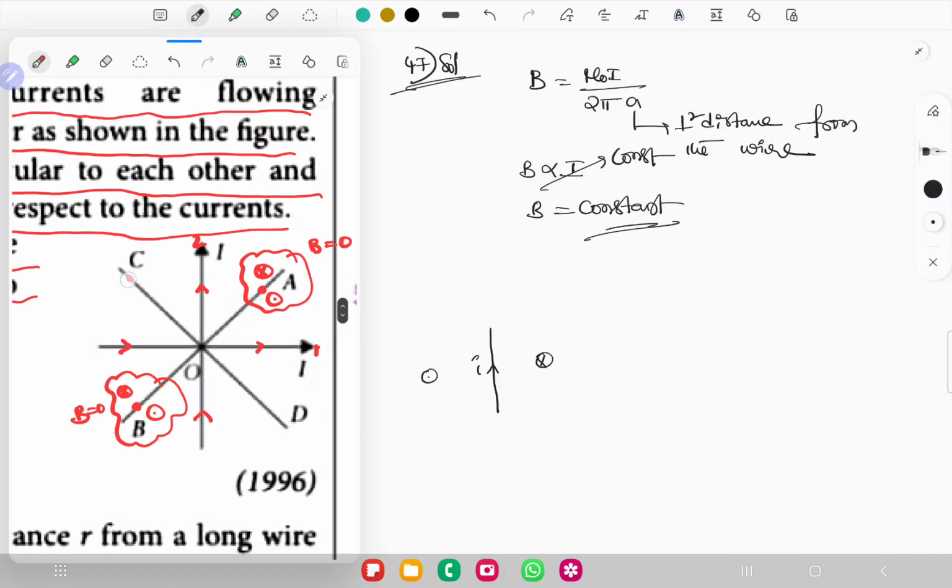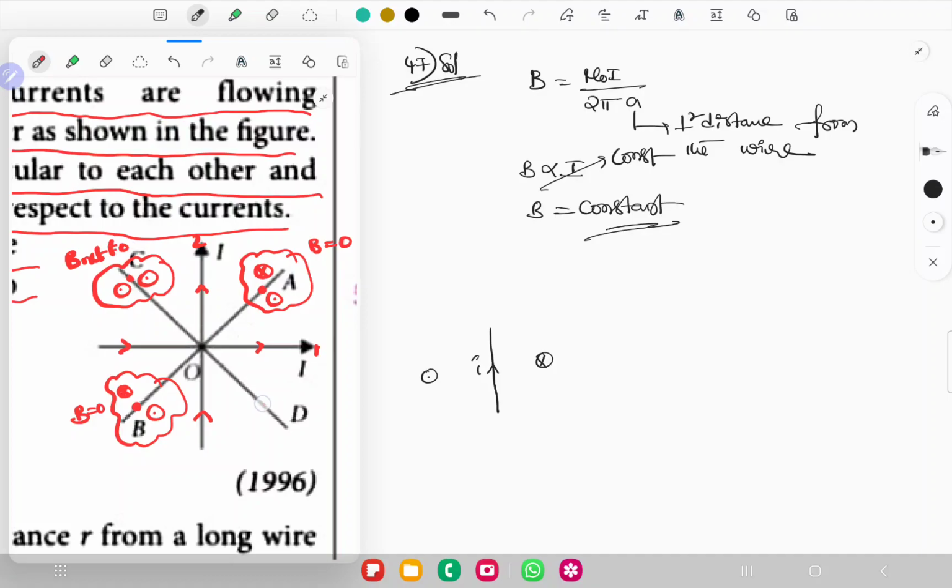Now let me select point C. Point C is on the left side of conductor 1, so the magnetic field is out of the board. It is on the left side of conductor 2, in the sense I am talking with respect to current direction, so the magnetic field is also out of the board. As the magnetic field is in the same direction, is it possible for me to get B net 0? No, it's not equal to 0.